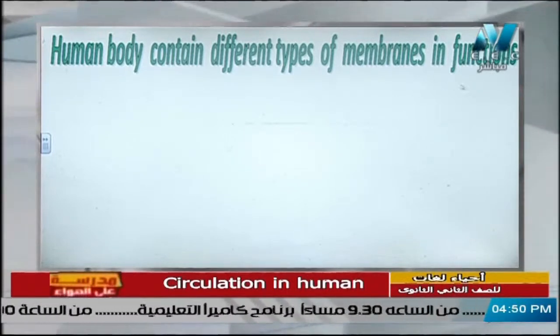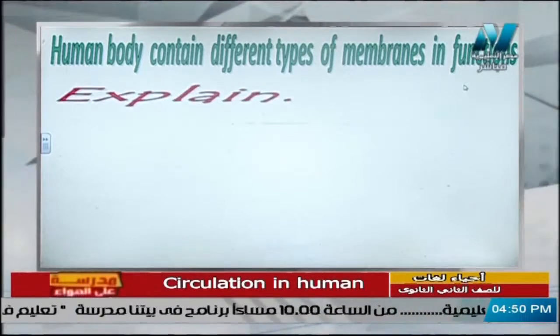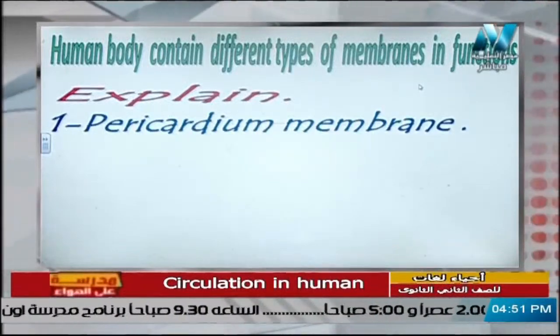A very nice question: explain the membranes. The heart is a muscular organ that has a cover, called the pericardium. This pericardium covers the heart as a transparent cover. This cover facilitates the contraction and relaxation of the heart and controls it. The heart is like placed in a box. This is considered a membrane, a cover. That is number 1, and we have another membrane as well. So number 1 is the pericardium membrane.